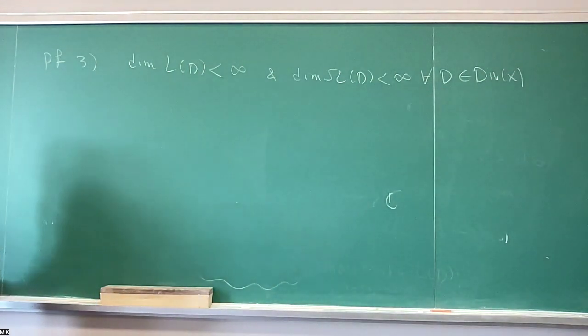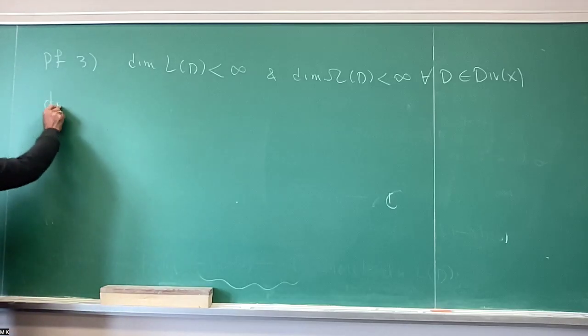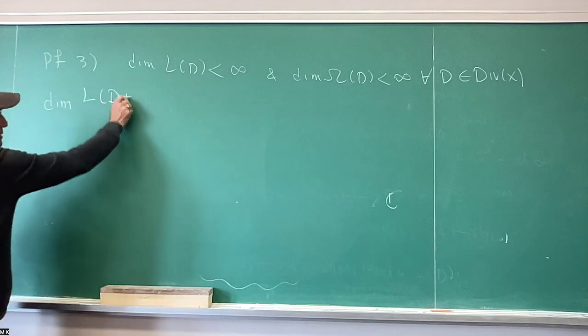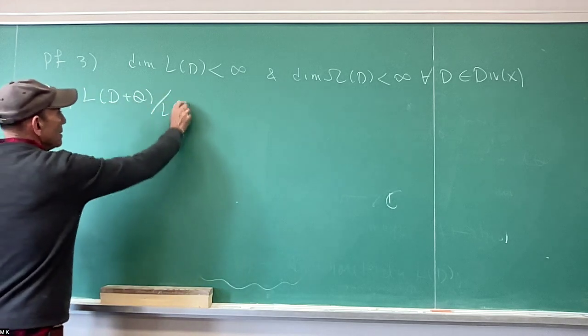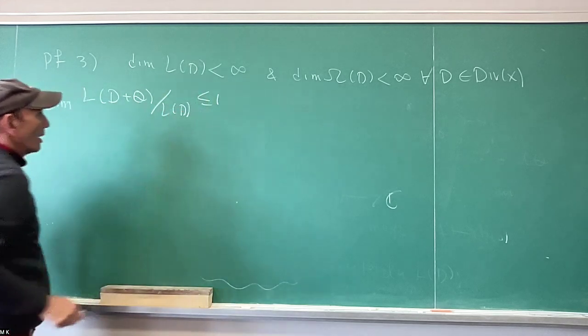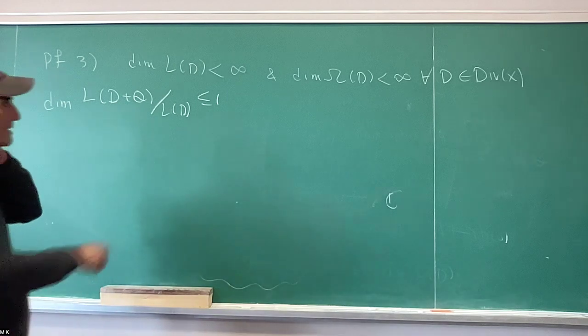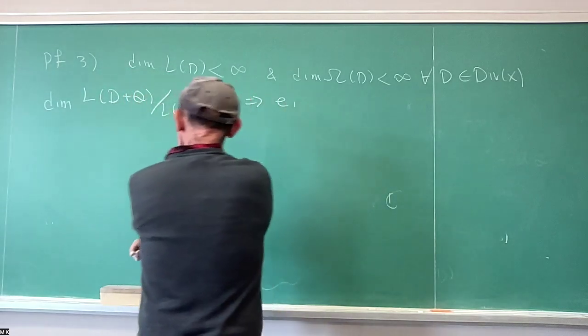So how can we prove this? So proof of this, we just use the previous lemma. So this relation that we had, dimension of L of D plus Q divided by L of D less than or equal to 1. This means that either both of them are finite dimensional or both infinite dimensional, right? This implies that, is that right?